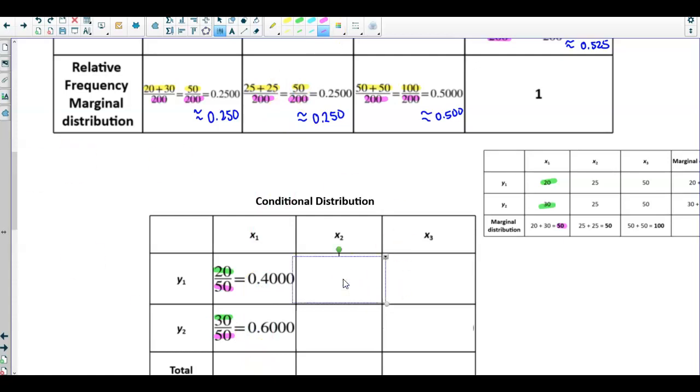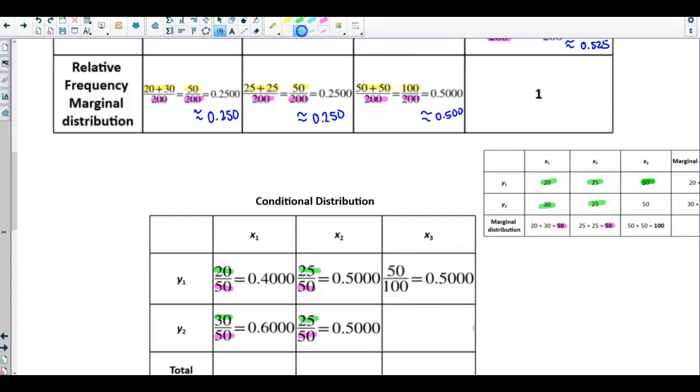Okay, now we're looking at x2. We take the next value of 25 and divide it by the column total of 50 to get 0.500. Likewise, we take 25 and divide it by the total of 50 to give us 0.500. And then the last one, we have 50.